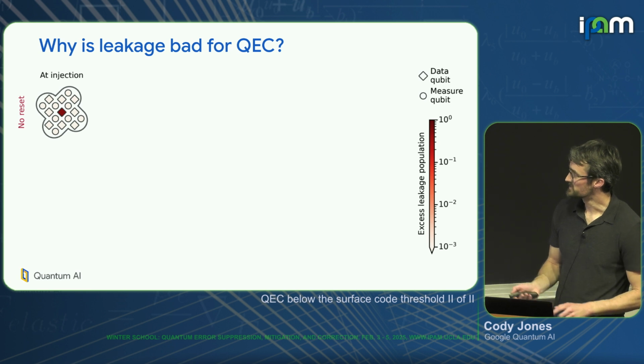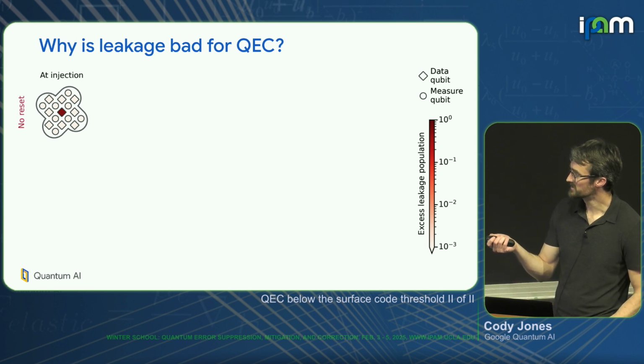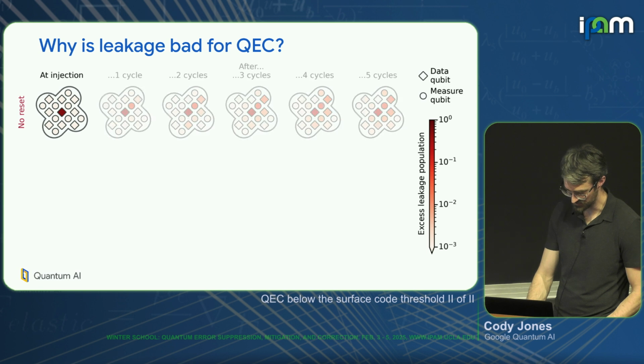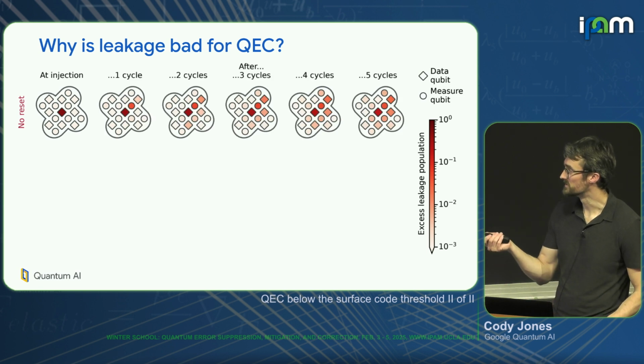Well, here's an experiment where we deliberately inject leakage into a surface code. So this is a small surface code. It's maybe not easy to see, but it's a distance 3. The diamonds are data qubits. The circles are measure qubits. And right in the middle, we inject a leak state. And I said that leakage can hop around, and so this is showing it hopping around.